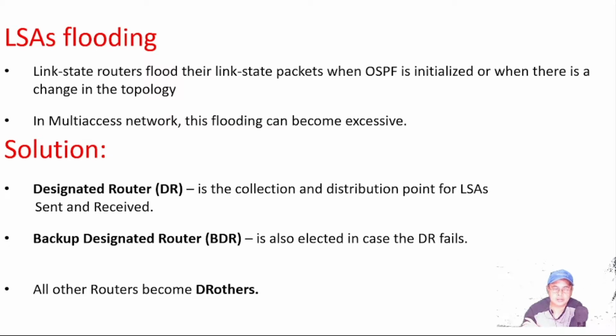So I've shown you a while ago the nature of the problem of the multi-access network, that is LSA flooding. Link state routers flood their link state packets when OSPF is initialized or when there is a change in the topology. So when the router initializes, it will send its link state advertisement, or LSA, to the network.